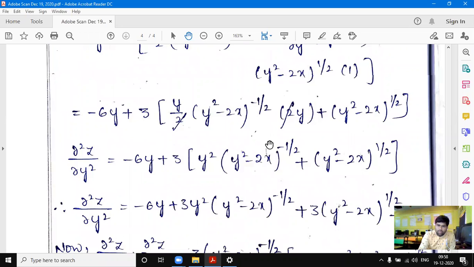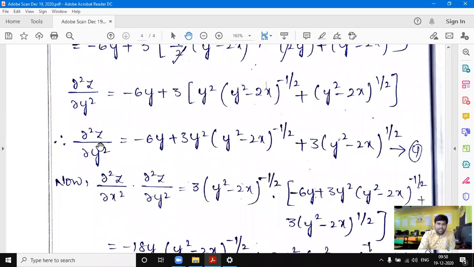So here the 2 gets cancelled. So ∂²z/∂y² is equal to −6y plus 3 into y, that is y², into (y² − 2x) whole to the power of −1/2 plus (y² − 2x) whole to the power of 1/2.